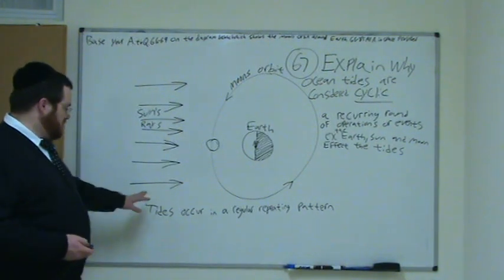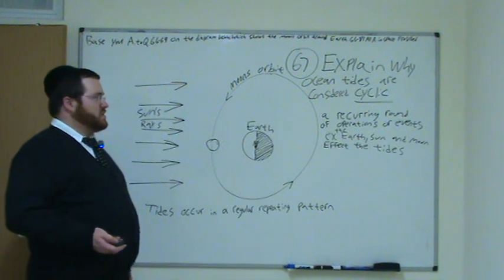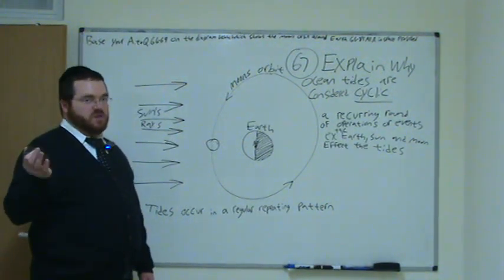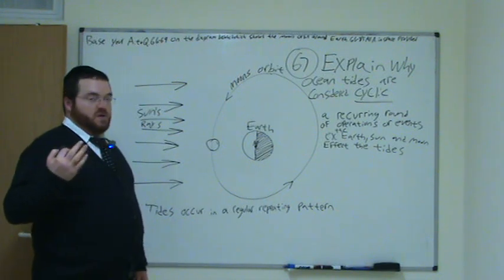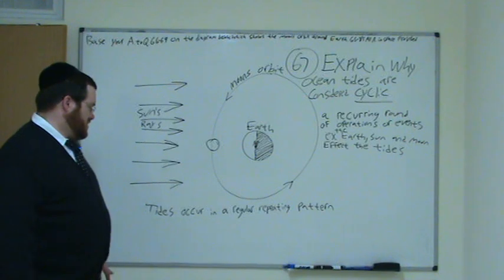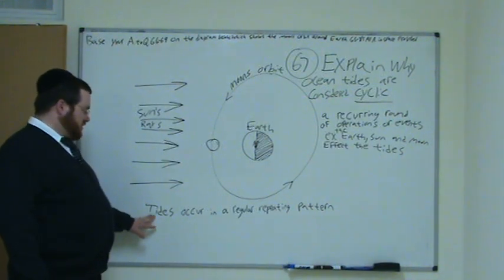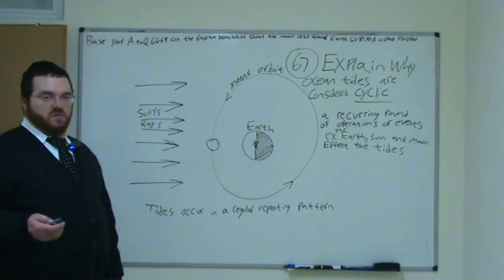That's your answer. All you have to write is tides occur in a regular repeating pattern. What is cyclic is not the answer. But the answer to question 67 is tides occur in a regular repeating pattern.